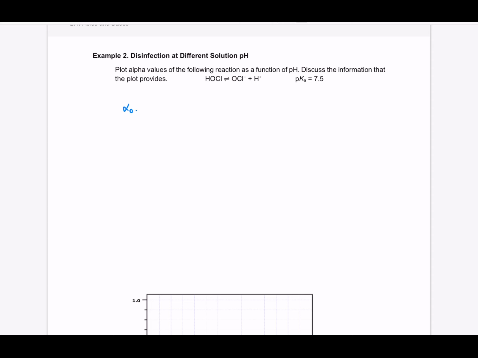So we know alpha 0 in this example would be HOCl over the total, and alpha 1 would be OCl minus over the total.